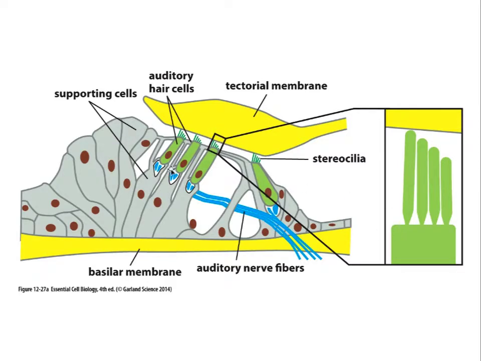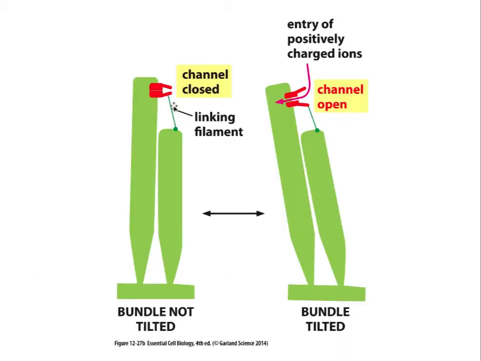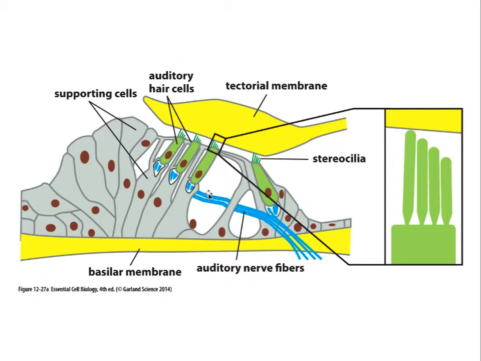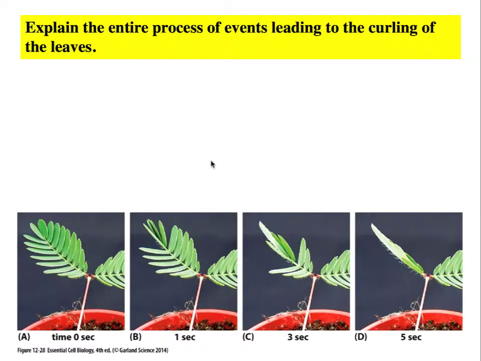And that generates within the cell a distortion that allows the passage of sodium into the cell, and that causes a membrane potential to be generated at the base of the cell that's then transferred along the auditory nerves to the brain to be perceived as sound. That's further illustrated by this example here of a mimosa plant where touching the leaf, either by human touch or by insect, will cause the leaf to curl up into this shape.